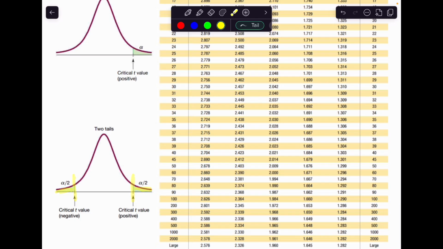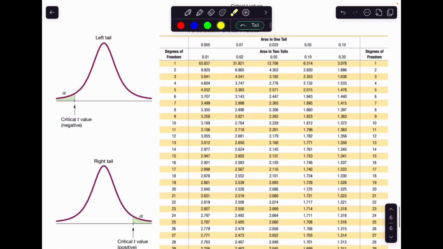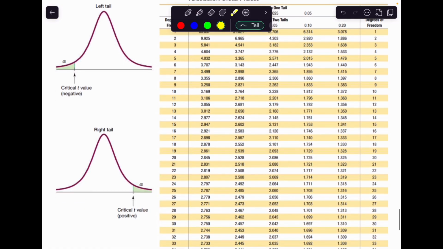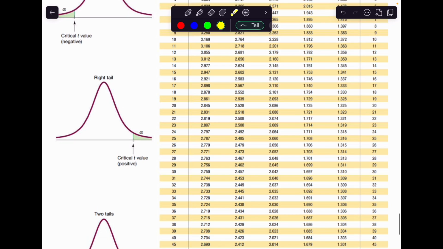So we have that symmetry on either side. So you can see the degrees of freedom is going to give us a different critical value for each degree. And then as we get closer and closer to n being large, you're going to see these values mimic the ones of our z values, our z-scores for critical numbers.